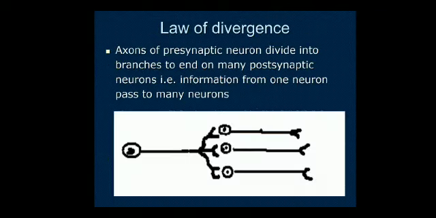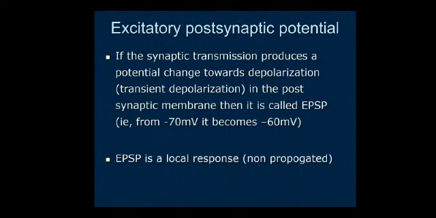These are the properties of synapse. Before going to this, we'll see the excitatory postsynaptic potential and inhibitory postsynaptic potential. Excitatory postsynaptic potential means that if the synaptic transmission produces a potential that moves towards positivity, that means lesser negative, that is called excitatory postsynaptic potential.